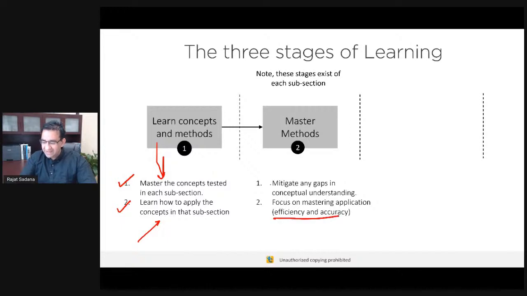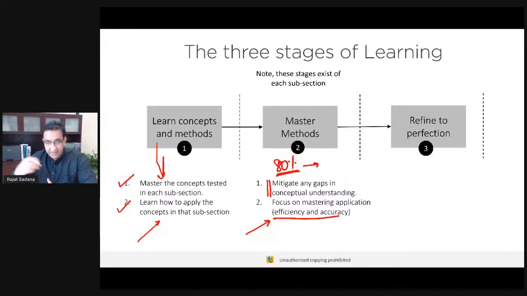But as you do that, you may find there are certain conceptual gaps. There are certain concepts that don't come very naturally to us, where we need to go back and revise twice or thrice. And you may do that, but primarily 80% of your time over here is spent on mastering application, making yourself more efficient. And then the third stage is refining to perfection.